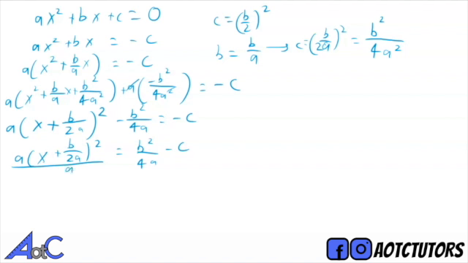That means I need to divide this side by a and that side by a as well. So those will cancel out. And then what I'm going to have is x plus b over 2a all squared is equal to b squared over 4a squared minus c over a.